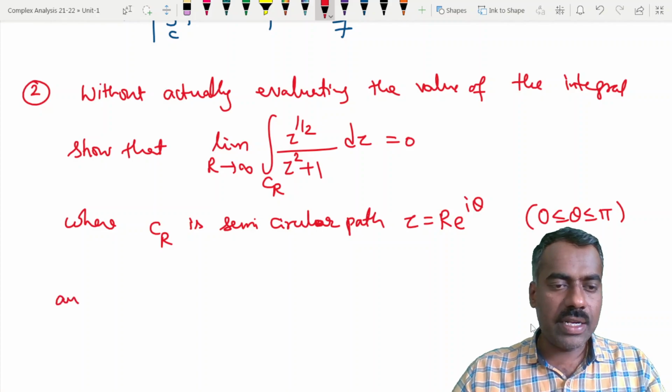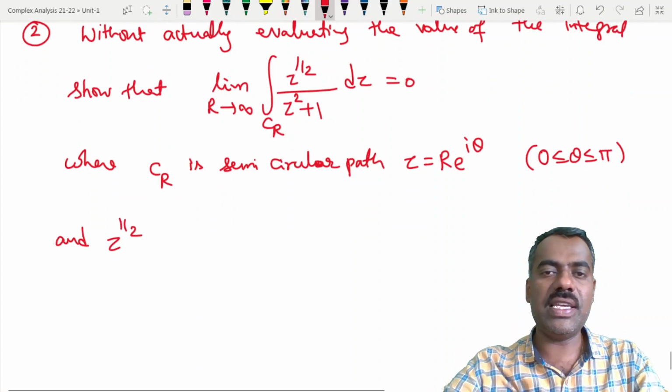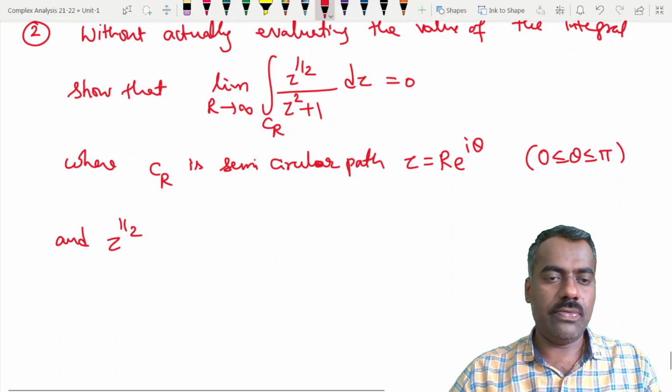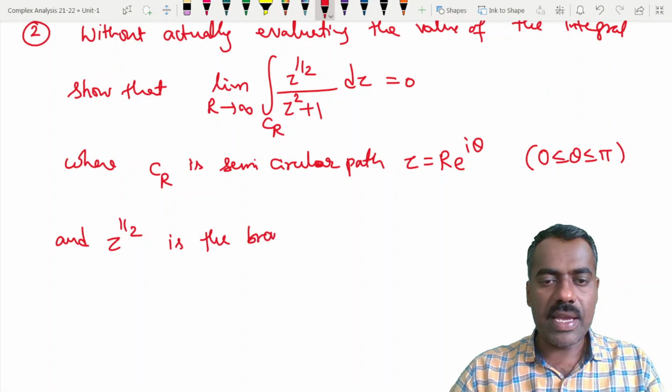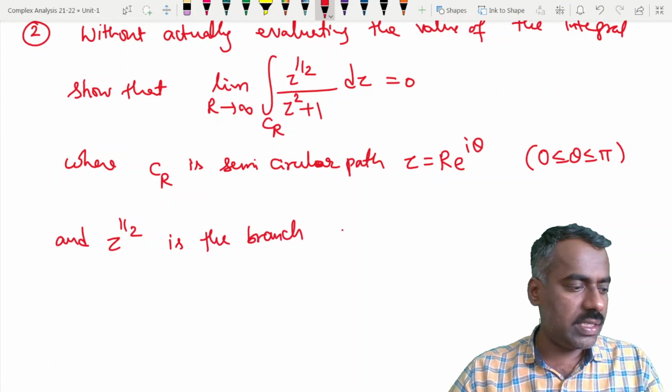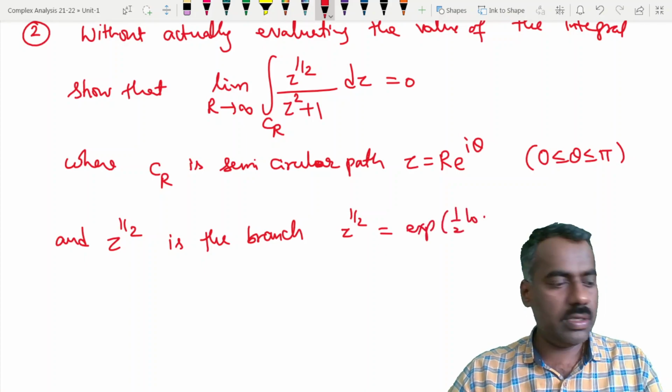And this z power 1/2, because it is a multi-valued function, we should mention which single value we take. The branch is one of the branches, given by exponential of (1/2) log z.